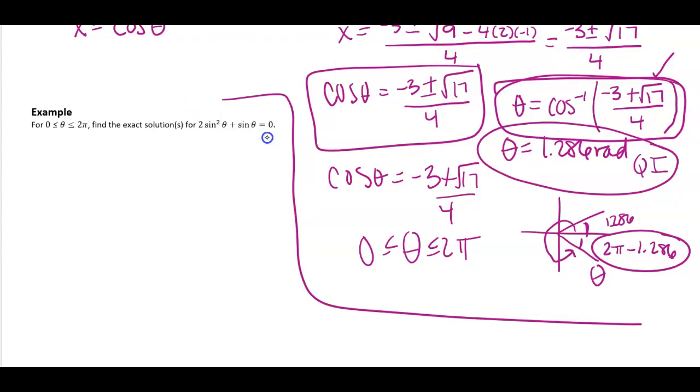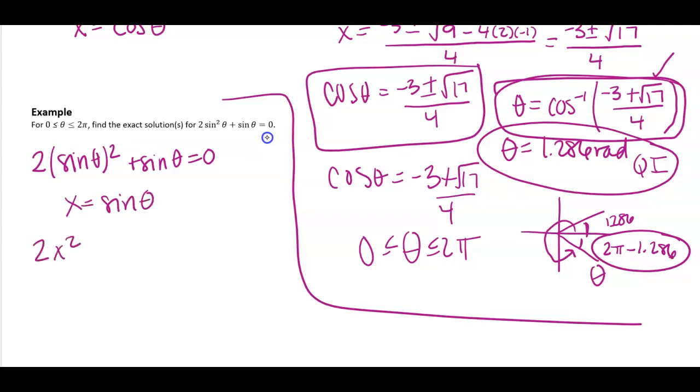All right, so again, I'm going to rewrite this as 2 sine theta squared plus sine theta equals 0. And so I'm going to say let x be equal to sine theta. So I'm really looking at 2x squared plus x equals 0.